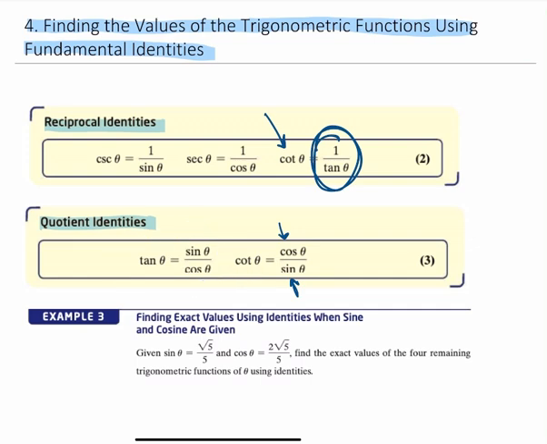So that's another quotient identity. So we have 3 reciprocal identities and the quotient identities. And then of course how the trig functions are defined in terms of SOHCAHTOA, like opposite over hypotenuse and all of that, the right triangle. So let's practice using these to find some trig values.